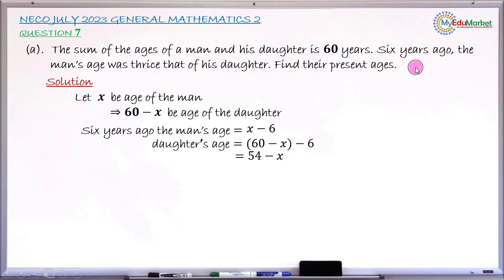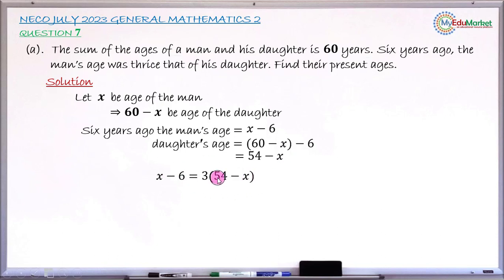According to this statement, X minus 6 is the same thing as 3 times 54 minus X. So I have X minus 6, the age of the man 6 years ago, equals 3 times the age of the daughter 6 years ago. Now I have a simple equation that I'm going to solve for X, that is the age of the man. Then I'm going to use the value of X to find the age of the daughter. So let me solve this simple equation.